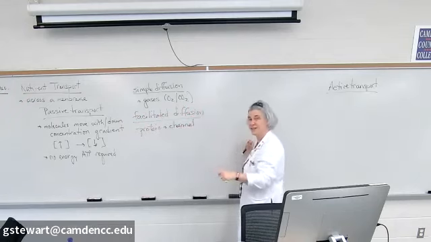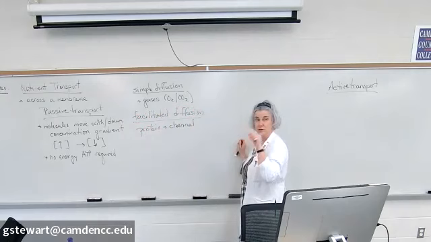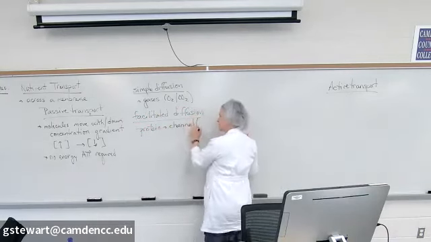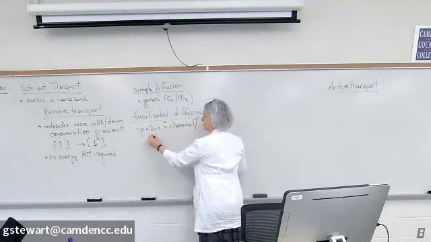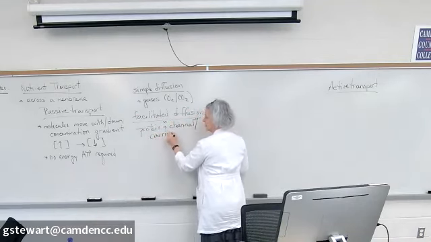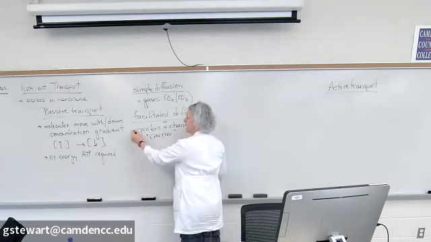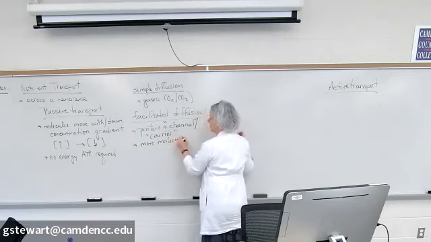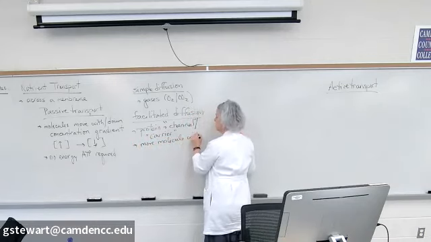It has a hole in the center of it so that things can move from one side of the membrane to the other. Sometimes you'll see them called channel proteins or carrier proteins, right? And they're going to help move a molecule, but still with the concentration gradient.